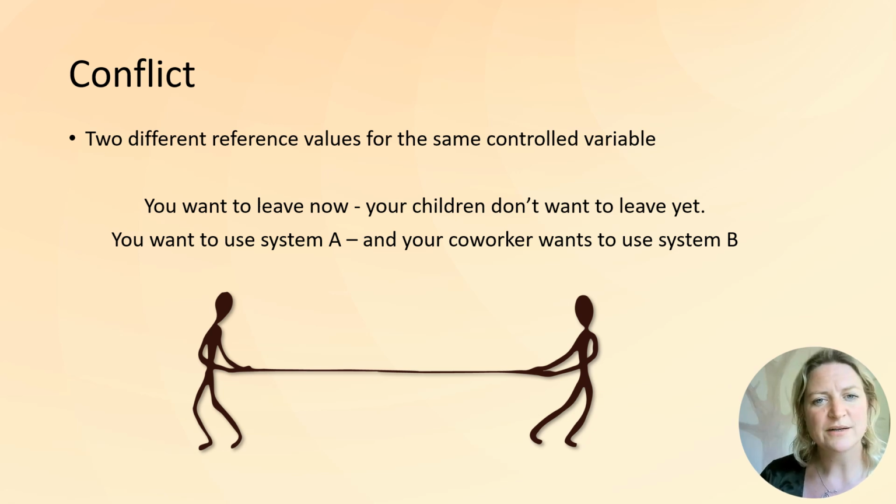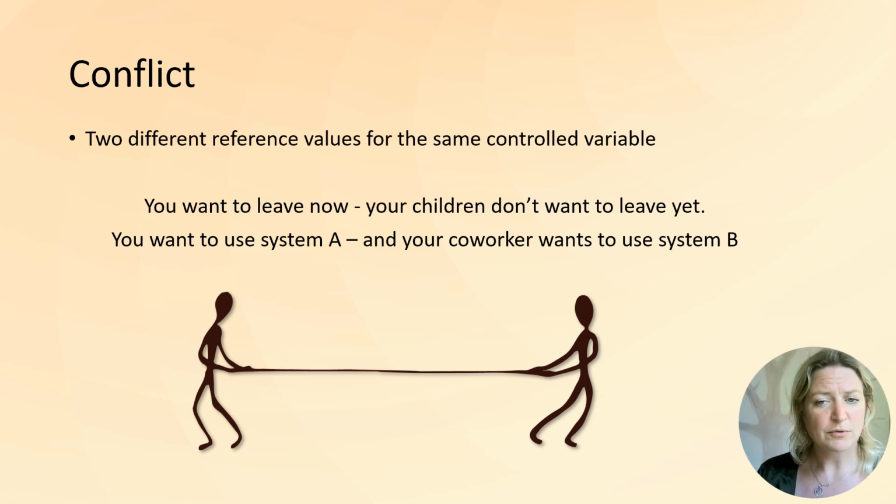Conflict occurs when there are two different reference values for the same controlled variable. For example, you want to leave now, but your children don't want to leave yet. Or you want to use system A for a certain task, but your co-worker wants to use system B for the same task. And you might be fighting over who gets to say what system to use.